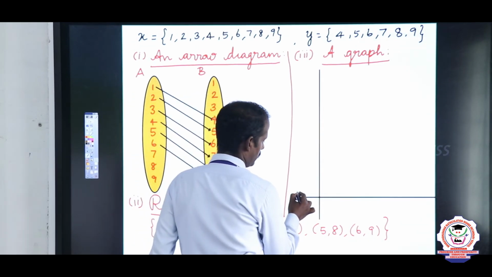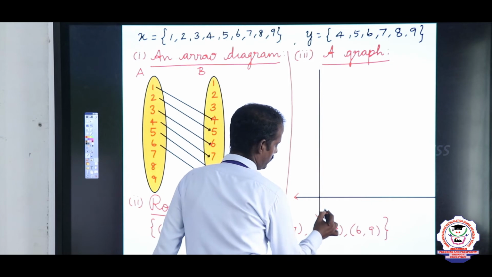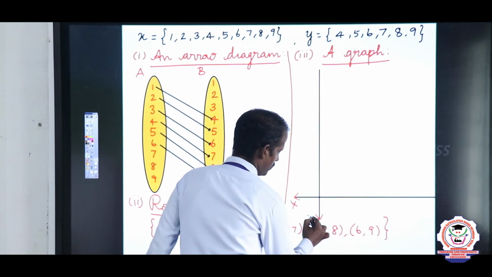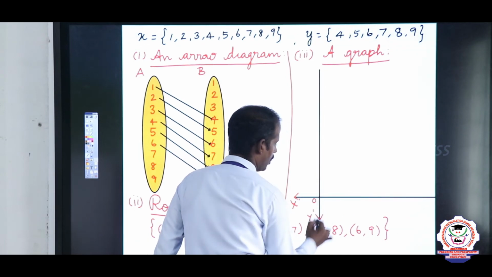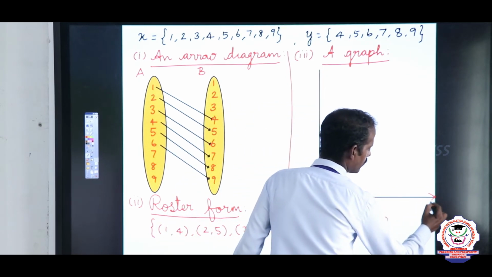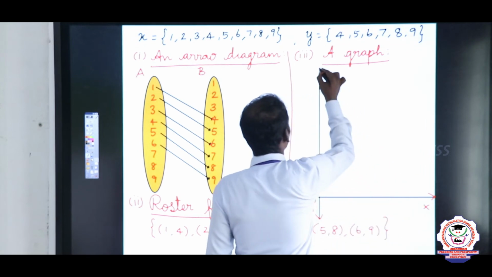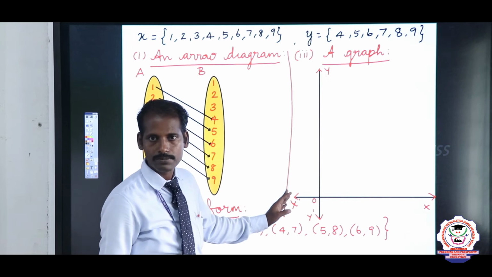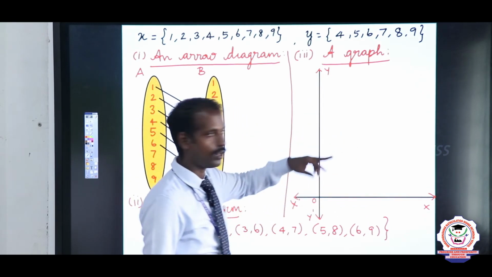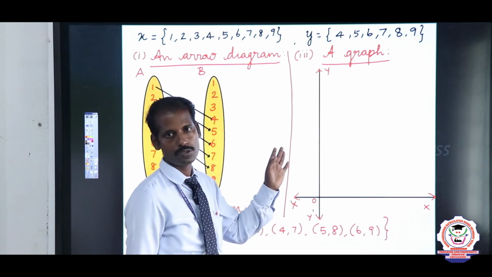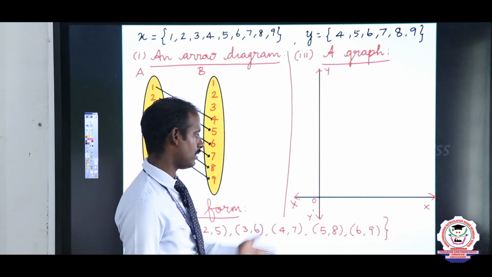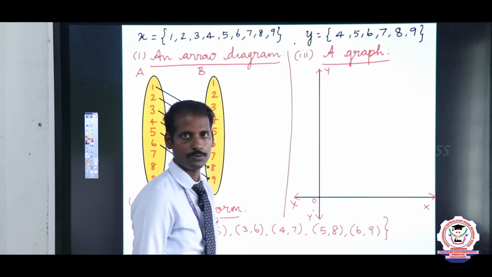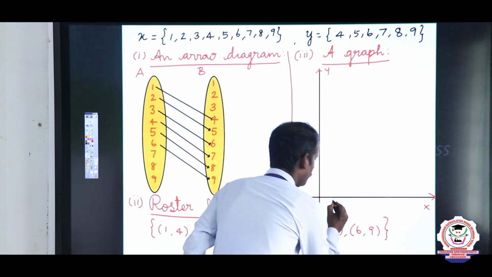Now this x dash, y dash, origin O, this x. This positive, y dash means negative, x dash means negative, and then x, y are positive. Right side all the values are positive, left side all the values are negative, then bottom negative, top positive. Okay.